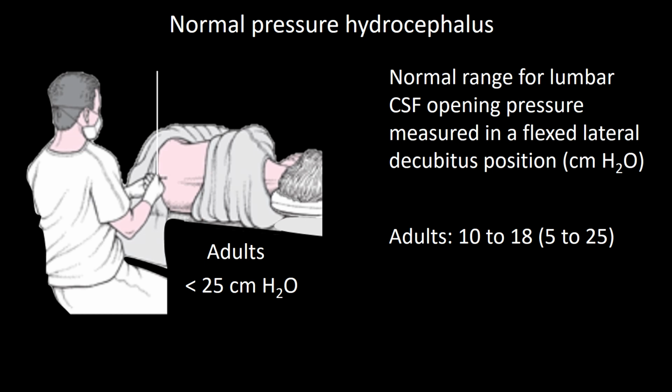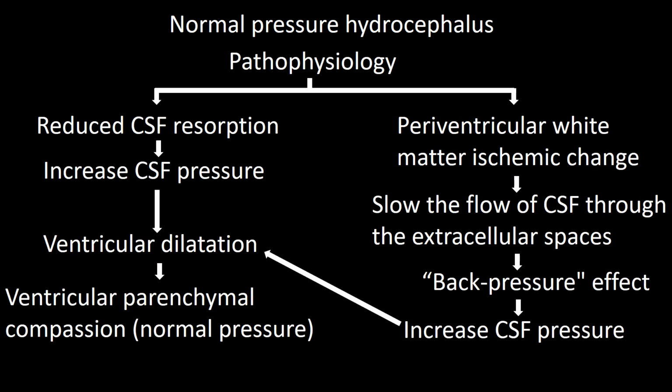Normal lumbar puncture opening pressure in a flexed lateral decubitus position ranges from 5 to 25 centimeters of water. These patients' CSF opening pressure is usually quite low. This frame put forward two possible mechanisms for the production of normal pressure hydrocephalus.